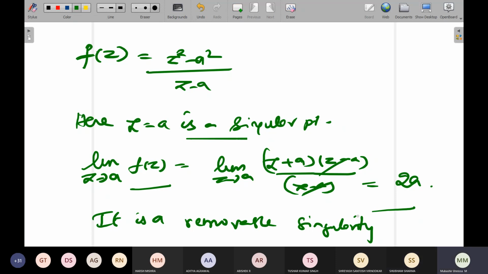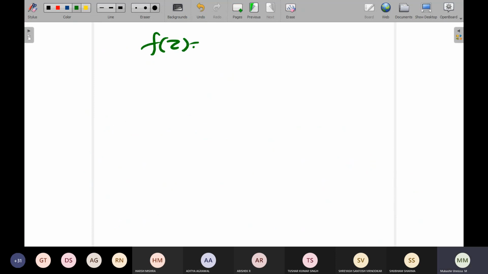If f of z is equal to 1 by z minus 1 the whole square, find out the singularity and tell me what type of singularity.